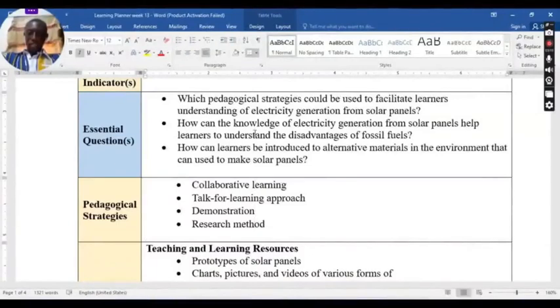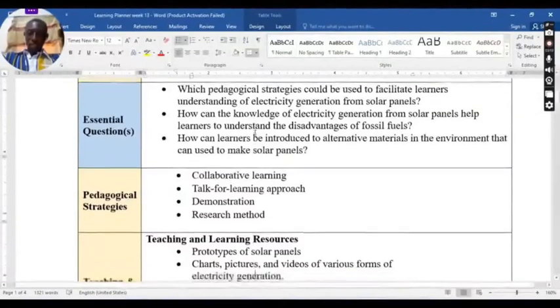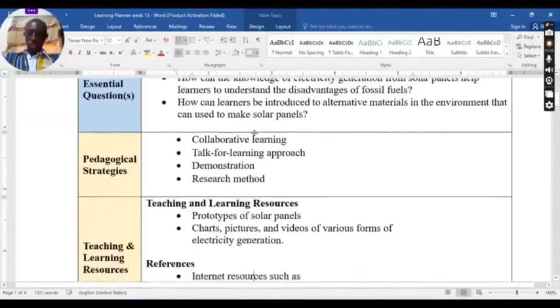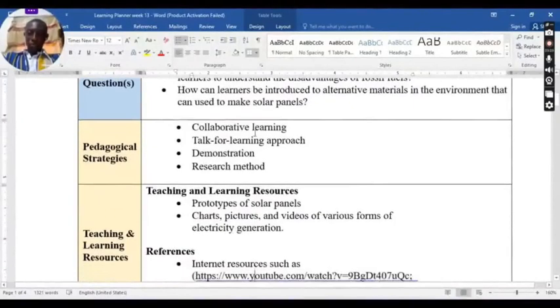The teacher manual is a guide for the teacher. It must not be forsaken. Always use it. Alright, then the pedagogical strategies we follow. The pedagogy must demonstrate something. You see, the new curriculum does not only assess students on an academic basis.